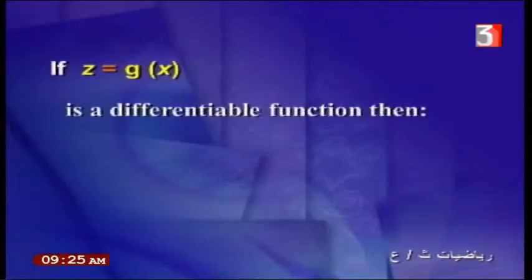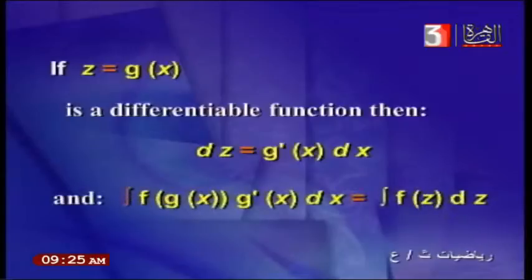If z equals g of x is a differentiable function, then the differentiation of z, which is dz, equals g dash x dx, and the integration of f of g of x times g dash x dx equals the integration of f of z dz.